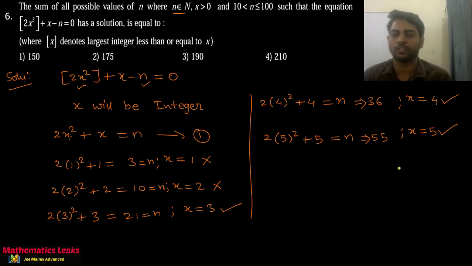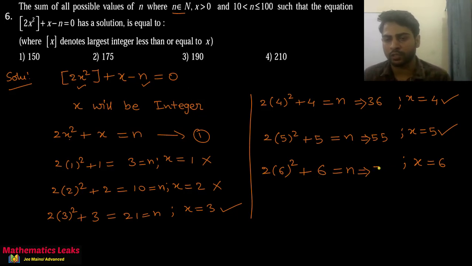So x equals 5 we are also considering. If you take x equals 6 here, it will be 2 into 6 square plus 6, that quantity equal to n. On calculating, this value will be 72 plus 6, 78. So n equals 78 is also acceptable.